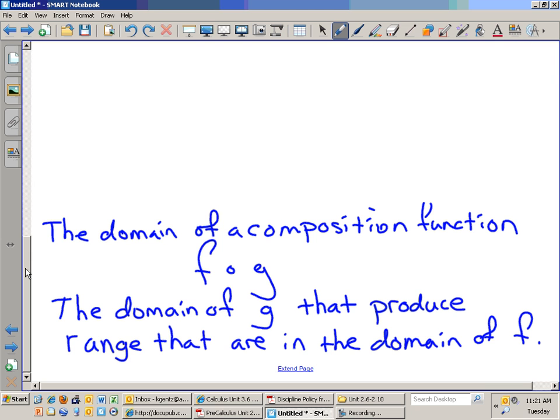So the domain of a composition function, f of g, is the domain of g that produce range that are in the domain of f.